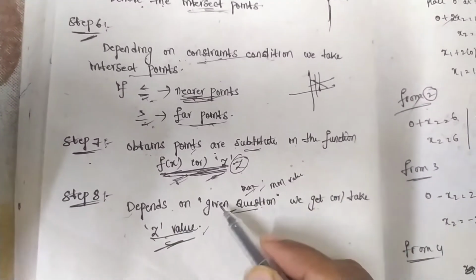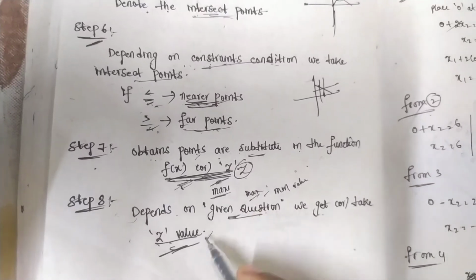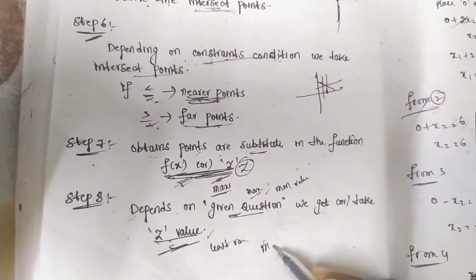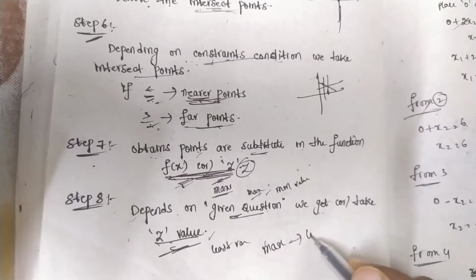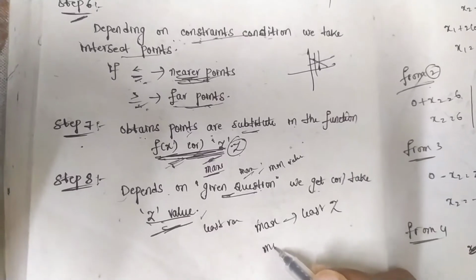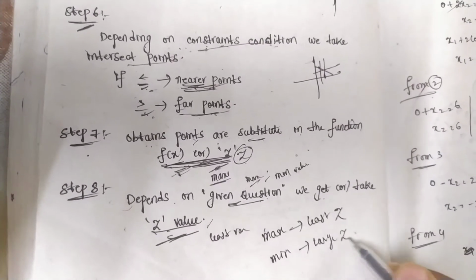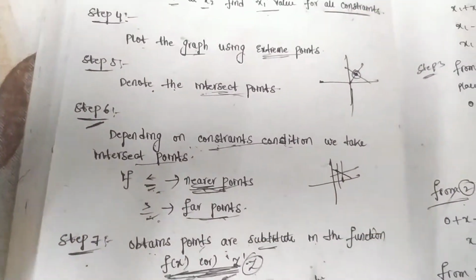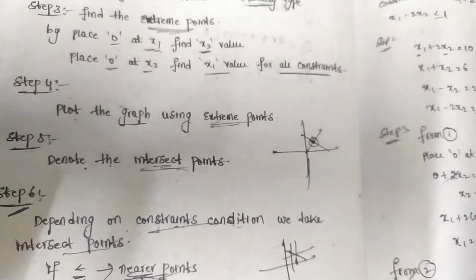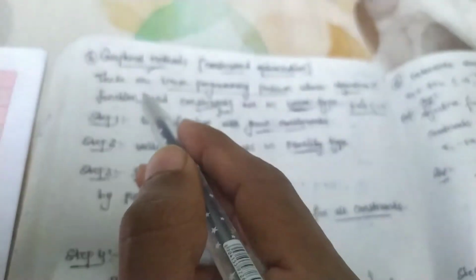If the given question is maximum, we have to take the largest value of z. If the given question is minimum, we have to take the least value of z. These are all the steps to solve the constrained optimization problem using the graphical method.